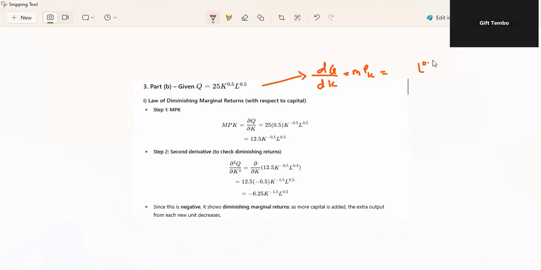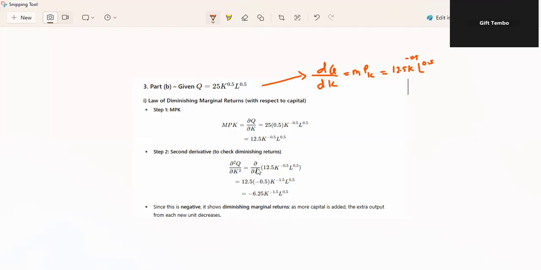And what are we differentiating? 25K^0.5. So 0.5 times 25, we get 12.5. 12.5, and when you subtract 1 from 0.5, the exponent of K becomes minus 0.5. Is that clear? Yes.